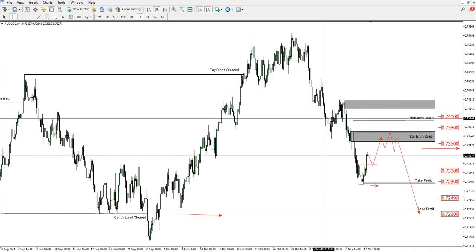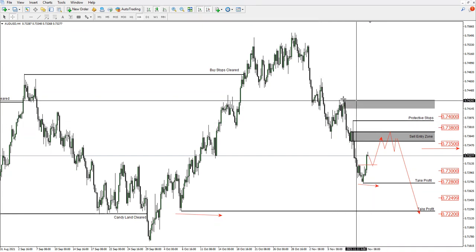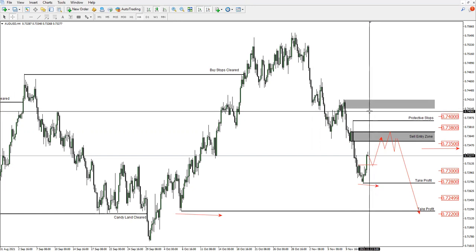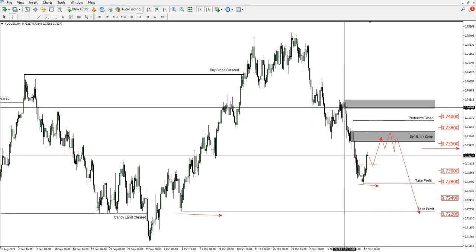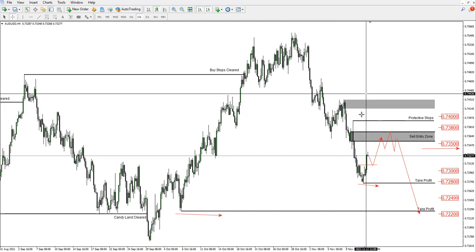But I think this high here should be protected, and we should find some form of mitigation in here, and we will reverse.